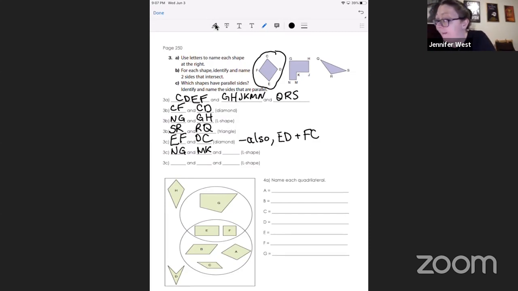NG, MK, and JH, those are all parallel. And KJ, NM, and GH are parallel.